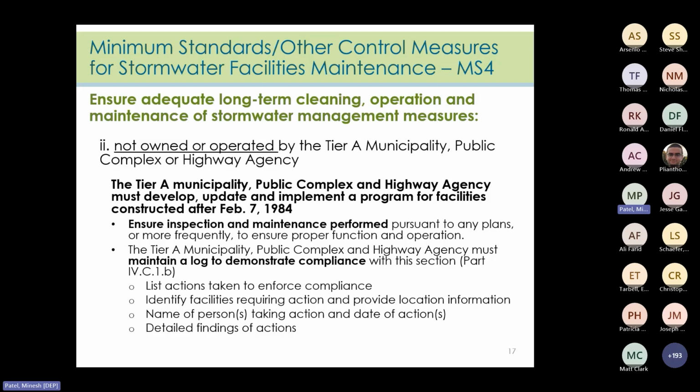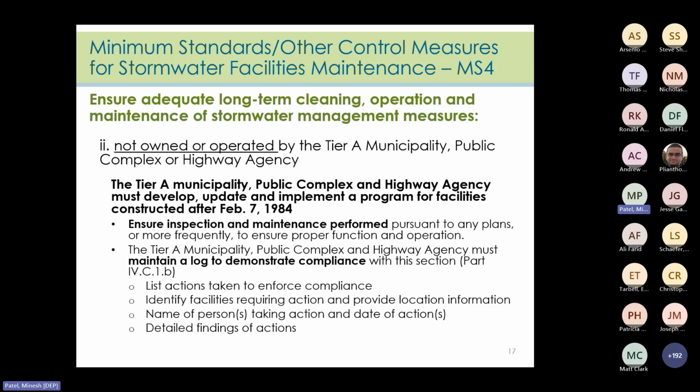The second group consists of those facilities not owned or operated by the municipality. Examples of this can include a retail complex or even a housing development. The permit requirements are found in Part 4, Section C for facilities not owned or operated by the permittee.